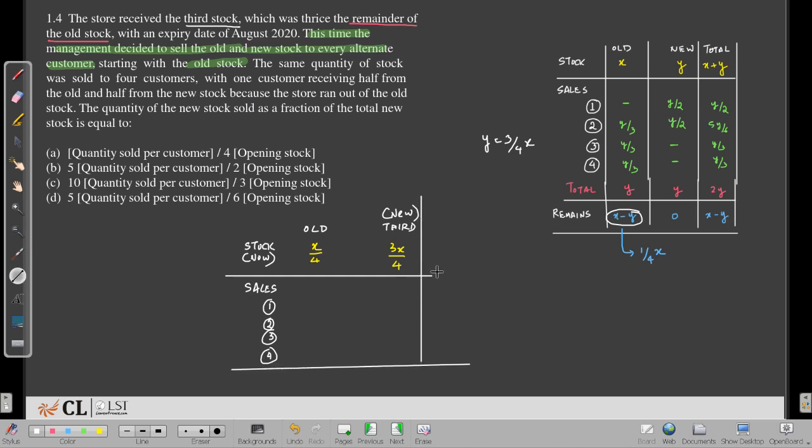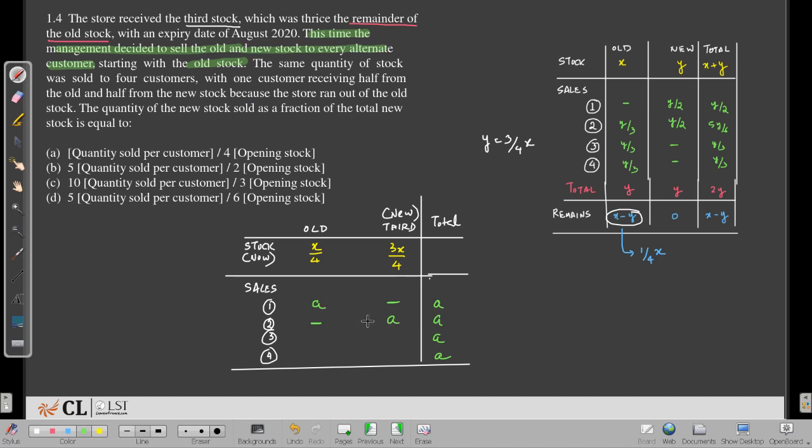Let's say each of these customers got A: this customer got A, the third customer got A, and the fourth customer got A. What we know is that management decided to sell the old and the new stock to every alternate customer. So the first customer got just the old stock, which is equal to A. The second customer would have got the new stock, which is equal to A. That's how the whole thing goes.